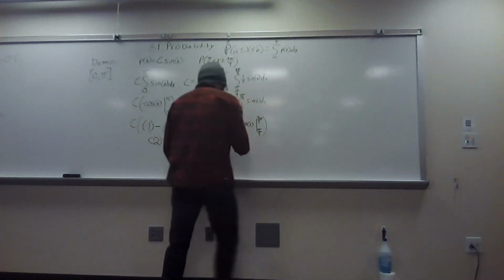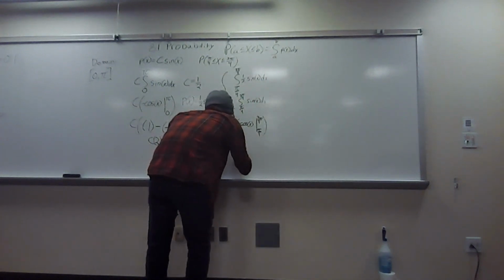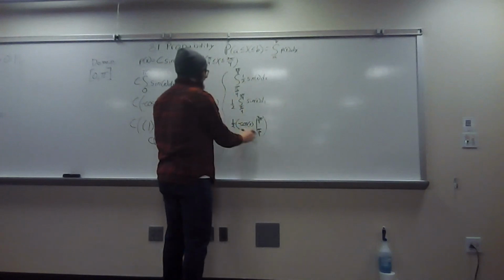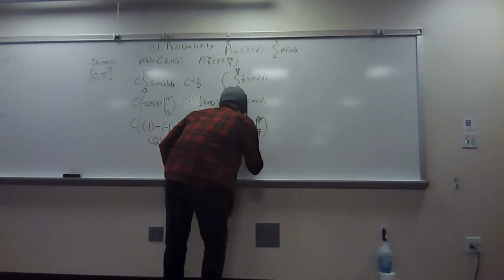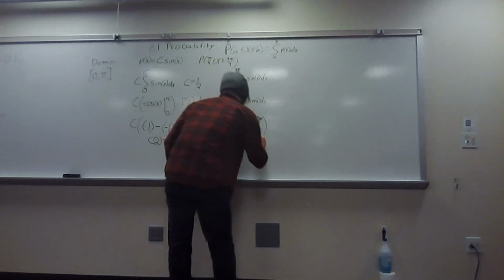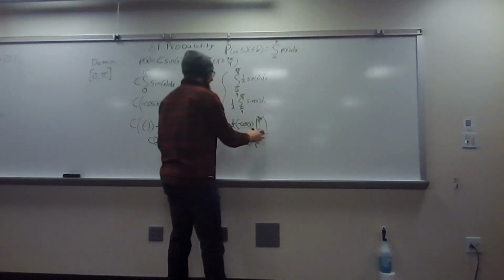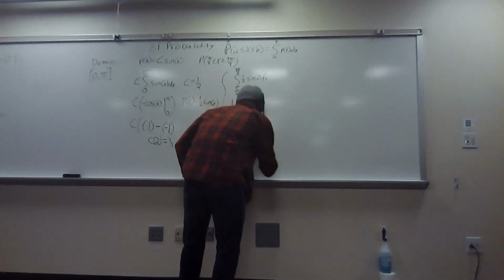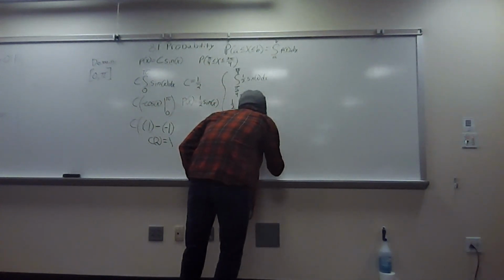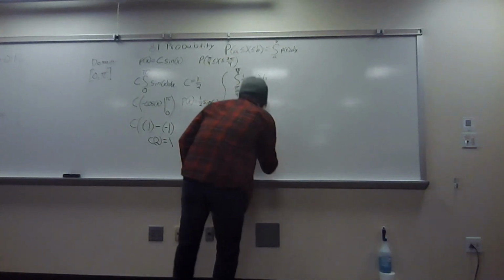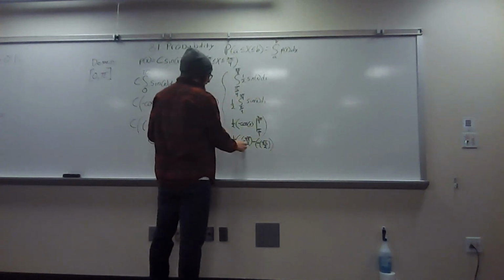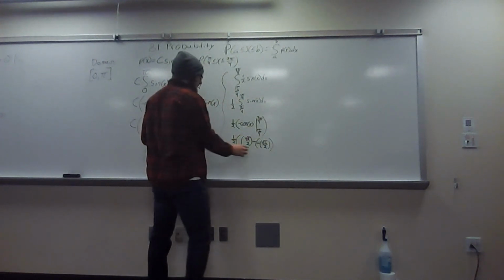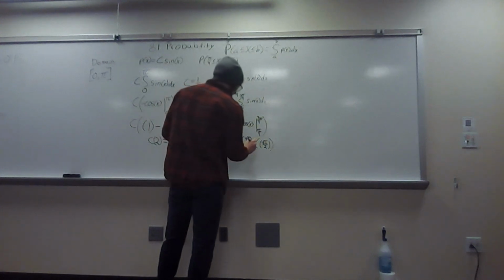And this comes out to 1/2 of negative cosine of 3 pi over 4, which is negative square root of 2 over 2, minus cosine of pi over 4, which is square root of 2 over 2. So if we take all of these negatives and minuses, we get positive square root of 2 plus square root of 2 over 2.